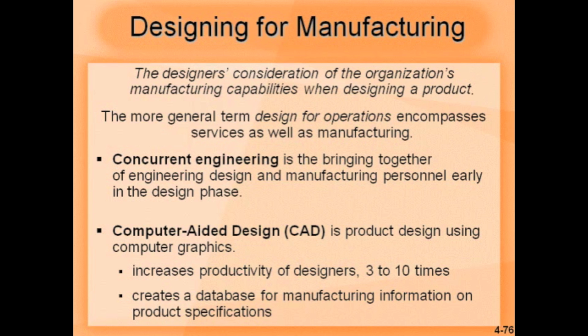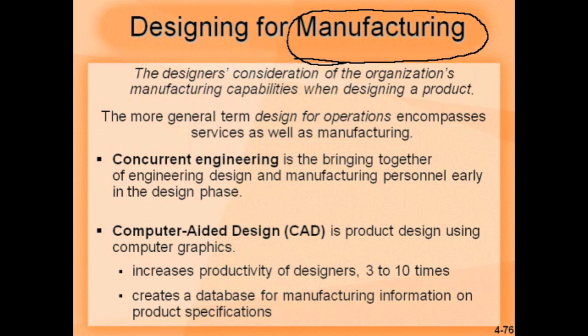Designing for manufacturing. When people are working on design activities, it is sometimes very easy to just focus on their work and try to come out with the best possible design. And many times that creates problems down the line, especially in manufacturing. So because of that, people came out with this concept of designing for manufacturing.